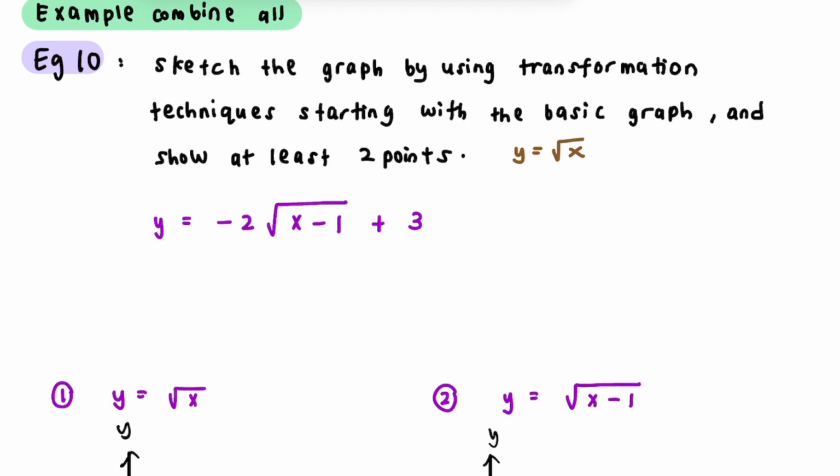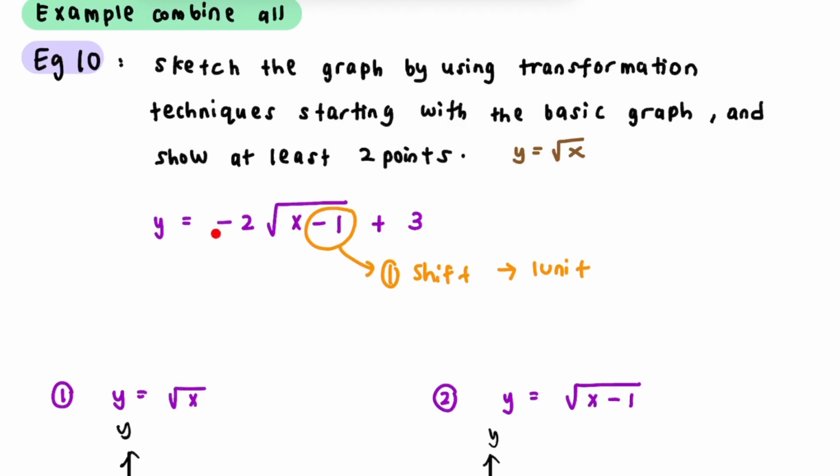Okay, look at the steps. Recall the steps just now. The first step must be shifting horizontally. So how do you know whether your graph has a horizontal shift? If you have plus or minus c inside the function. So that is considered your first step, which is shift to the right or left. Negative 1, minus 1, means shift to the right side 1 unit. That is your first step. Okay.